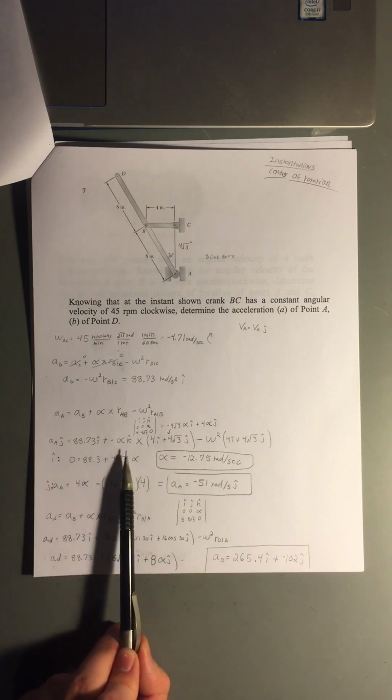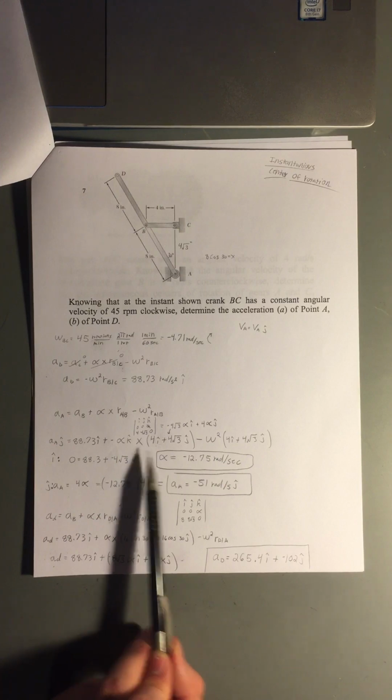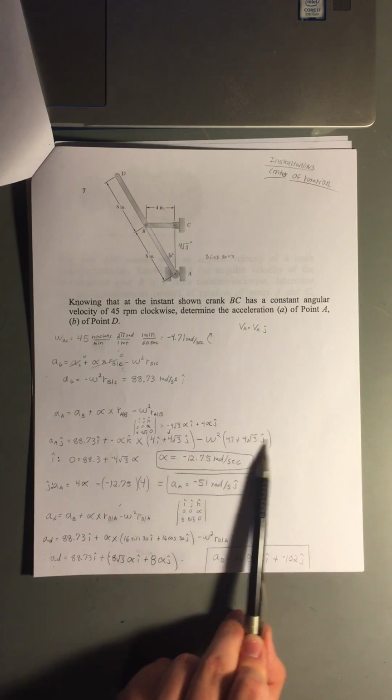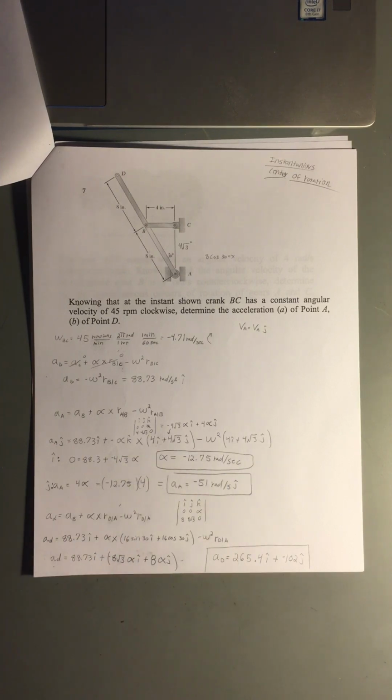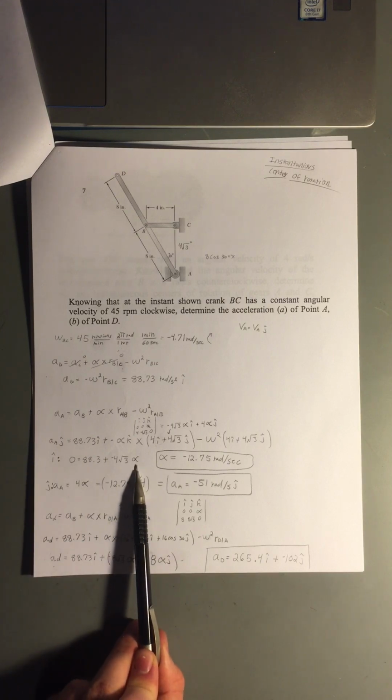And then we can compute this cross product here, and a similar process here. And then we have more unknowns than equations here, so we need to break it up into our components. And so in the I hat direction, we know the acceleration of A in the I hat direction will be 0 because it can only move up and down in this track. And so because of that, we're able to solve for alpha.